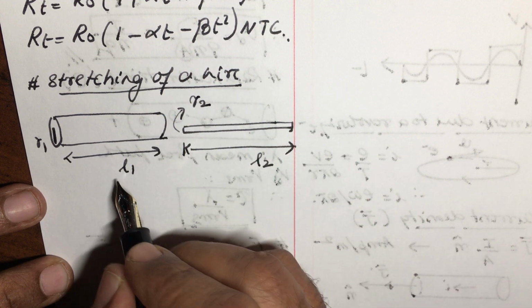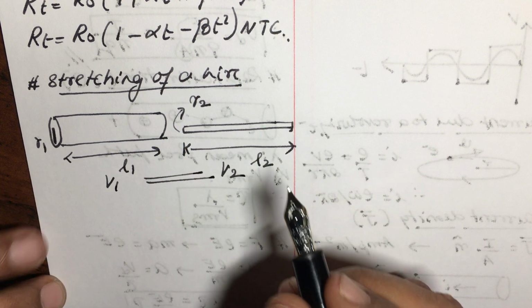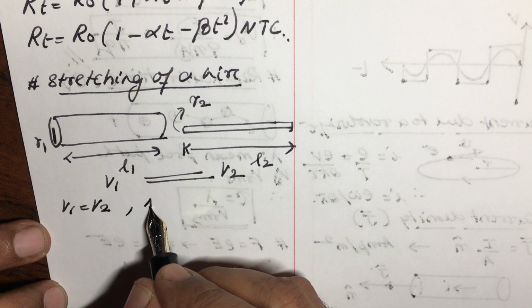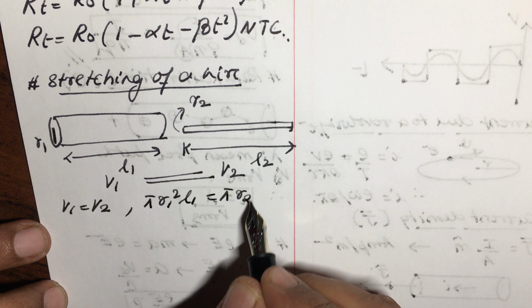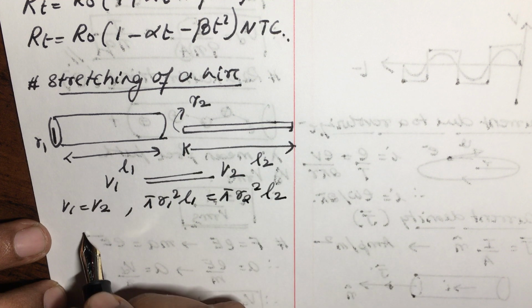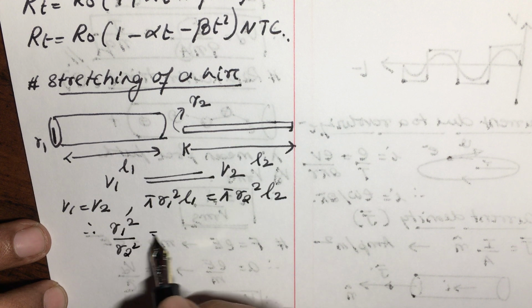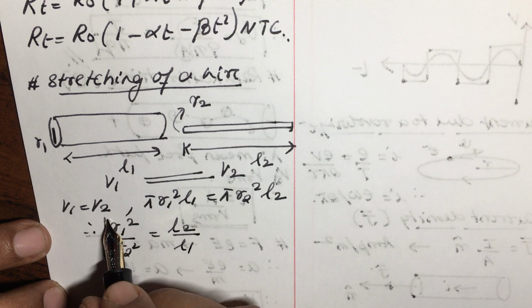Now from here to here, if this is V1, that is V2, the volume will remain the same. So we write V1 equals V2. What is V1? Pi R1 squared L1 equals pi R2 squared L2. So therefore we have R1 squared by R2 squared is L2 by L1.